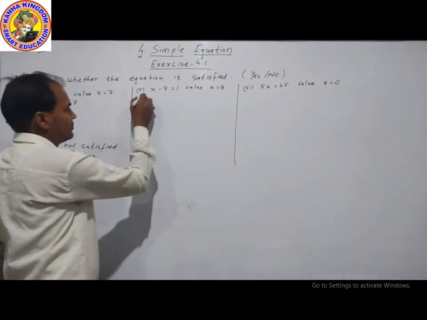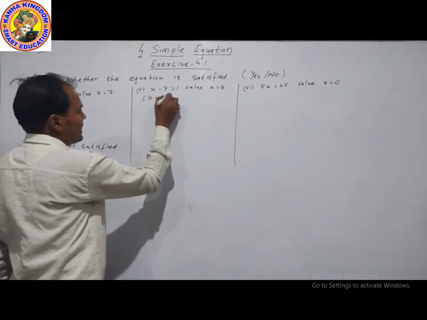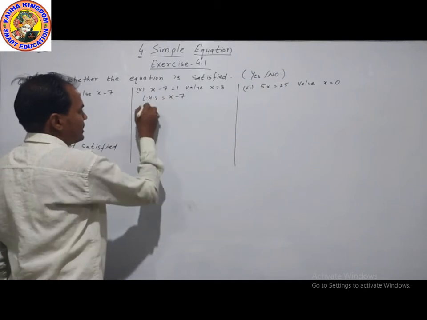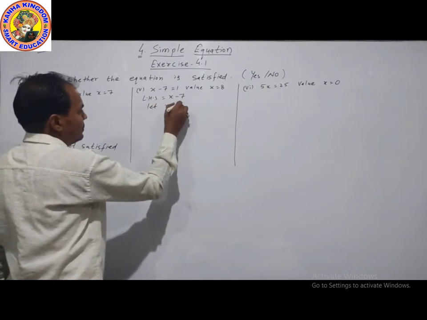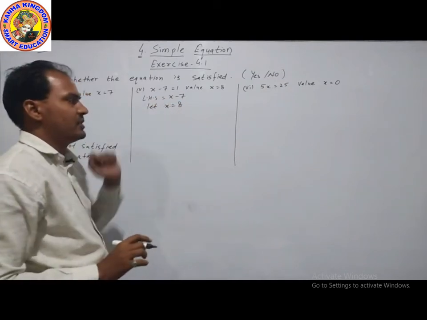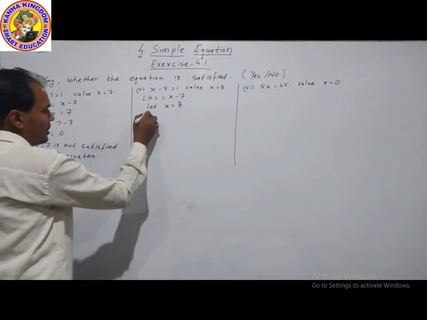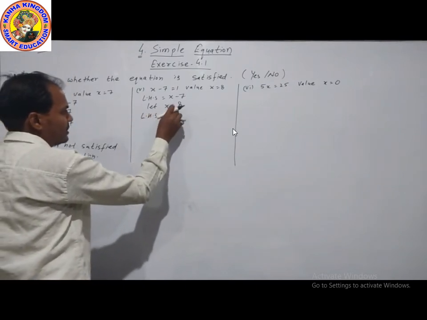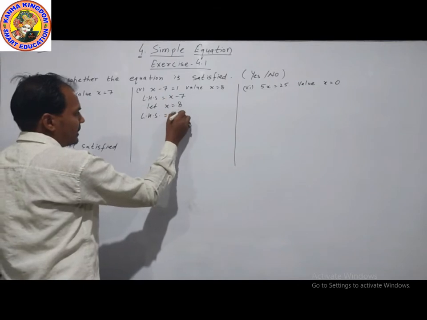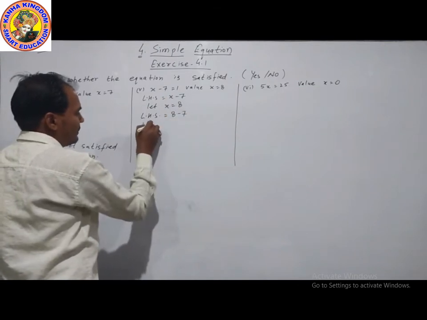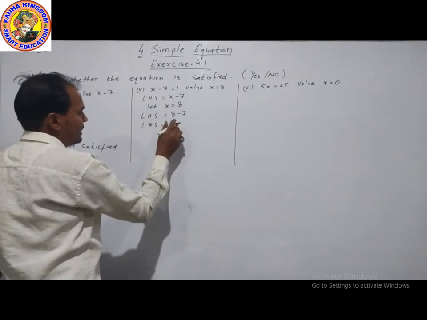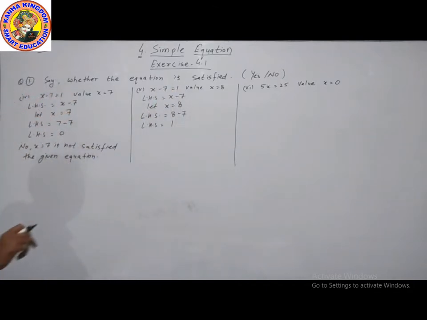Now next one, let left hand side is equal to x minus 7, putting the value of x is equal to 8, which is given in the question. Now left hand side is 8 minus 7. The left hand side answer is 1 and right hand side answer is 1.